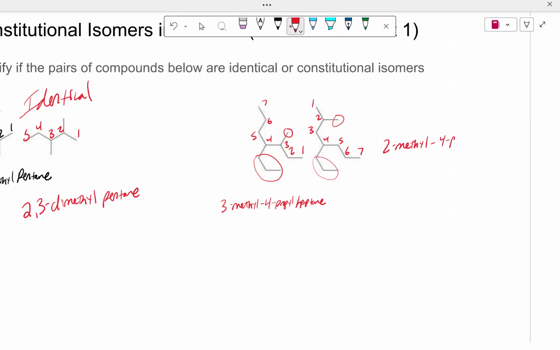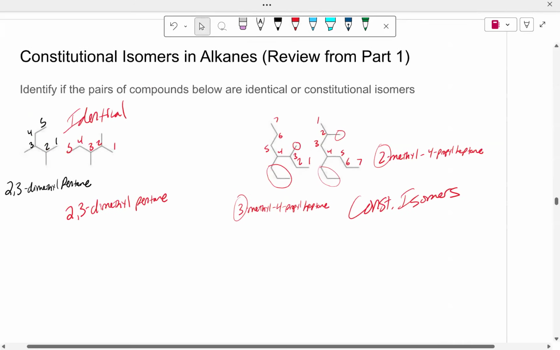The propyl is still on 4, but because the methyl is now on 2 instead of 3, that's a different location. It's like we physically took the methyl off of 3 and put it on 2. And so we would call these constitutional isomers. So that's the trick when it comes to identifying constitutional isomers in alkanes.